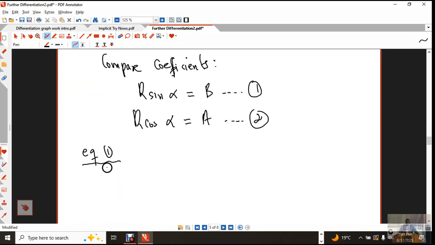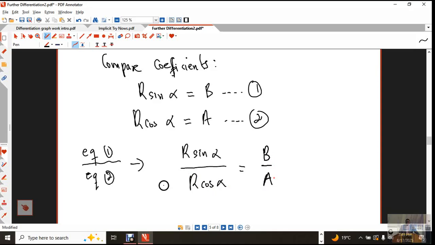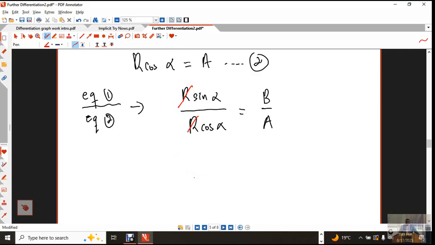This gives me R sin alpha over R cos alpha, which is equal to B over A. Now the R's will cancel, which leaves me with sin alpha over cos alpha equals B over A. And by now you should know your reciprocal identity that sin alpha over cos alpha is equal to tan alpha.